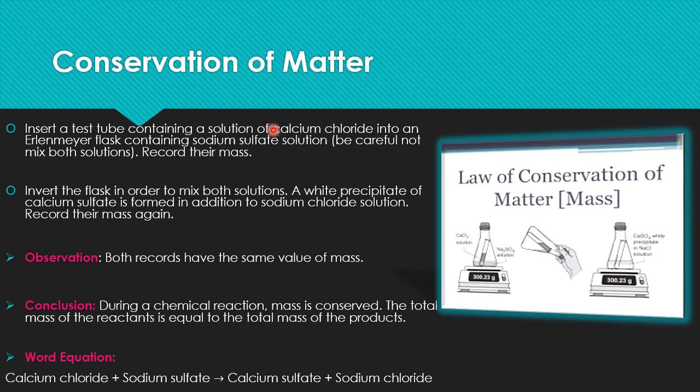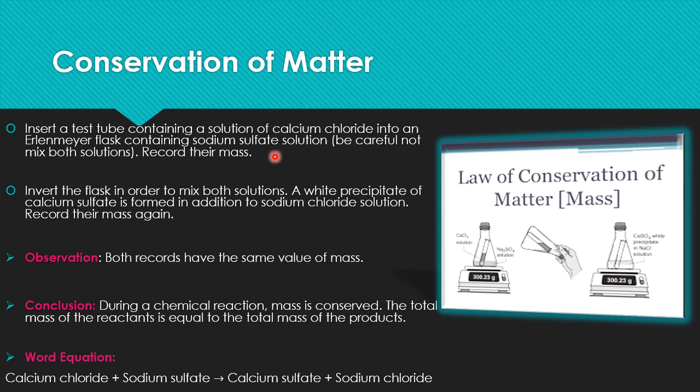The last objective that we are going to explain today is about the conservation of matter, the conservation of mass during a chemical reaction, by performing the following experiment. What you have to do is to fill a test tube with a limited amount of calcium chloride and to place this test tube in a flask.